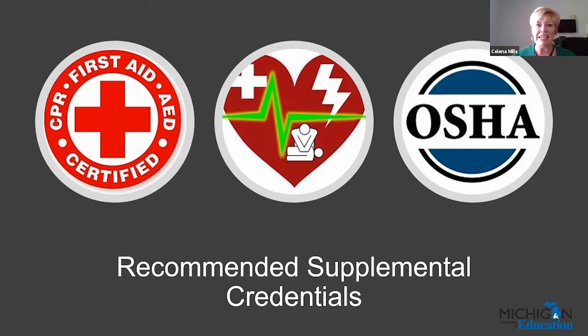That one of the things students really needed were some of those supplementals, and it made them highly employable and highly competitive just from having those in addition to their technical training. So those supplemental credentials in particular were first aid and CPR and OSHA. And then there's also another supplemental credential, and I'm going to allow our grantees to talk about that one because it's very specific to kind of your area that they'll mention as well.